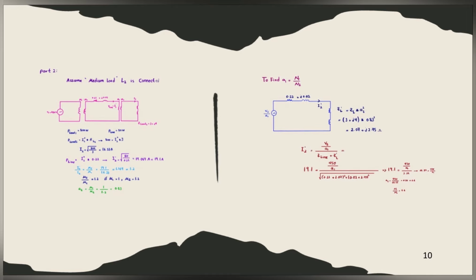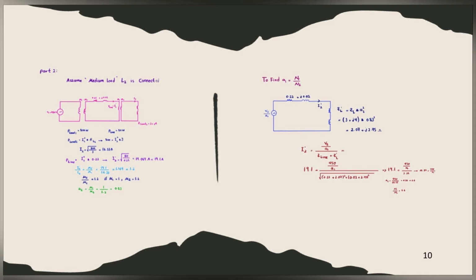From this equation, I2 dash equals Vs over A1 over Z line plus ZL dash. Okay, I2 dash equals 19.1 and Vs equals 415 over A1, which is the A1 that is not found yet.